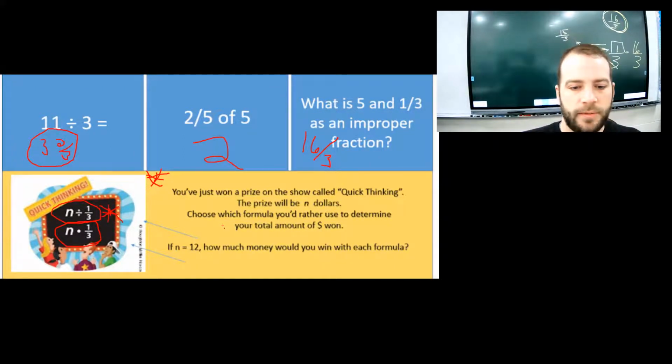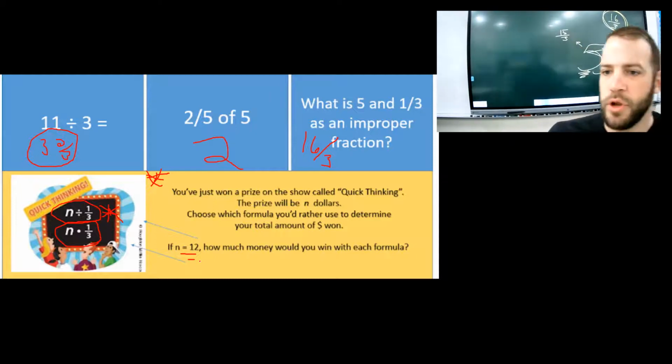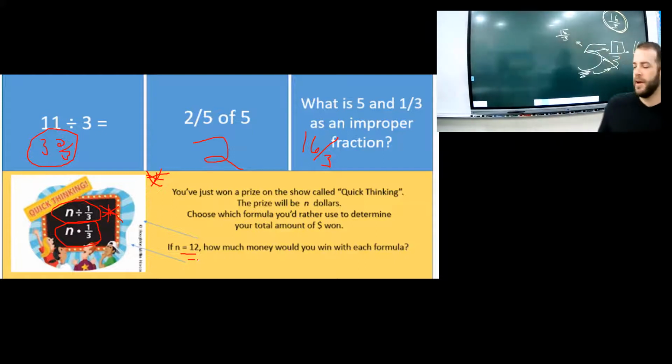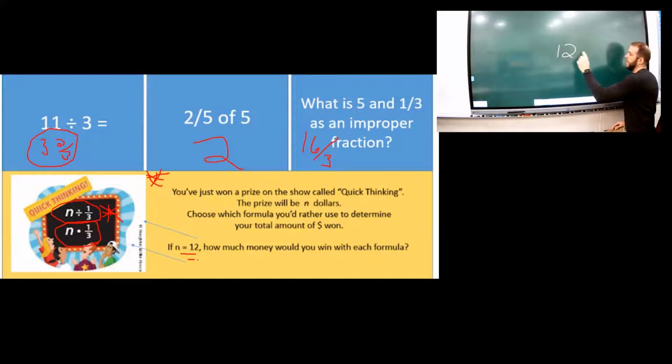And then it said, if N equals 12, how much money would you win with each of the formulas? So let's first say N is 12, so we'll plug 12 in for N and divide by a third. So 12 divided by a third. Ooh, we're dividing by a fraction. How do we do that?